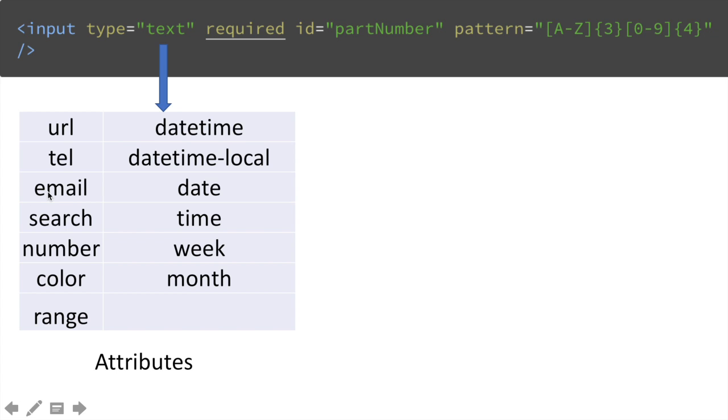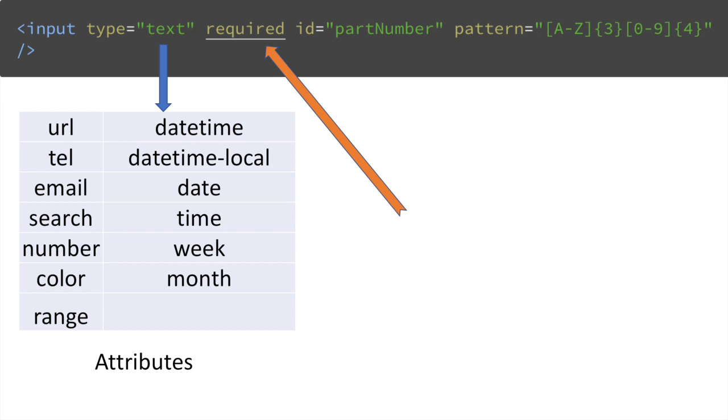And then the email we have seen, the normal date, search if you want that field to be used for search as well, and those different types: color, range, month, week, and all these things. Telephone number here as well. So these will force the user to enter data that matches one of those types based on what you select.